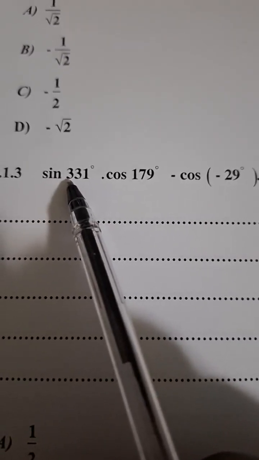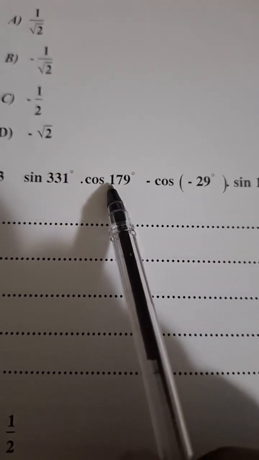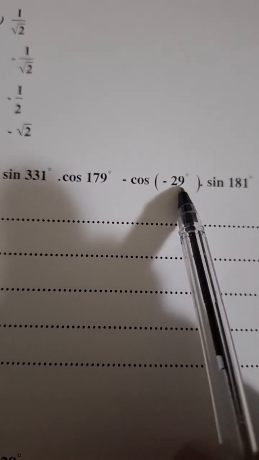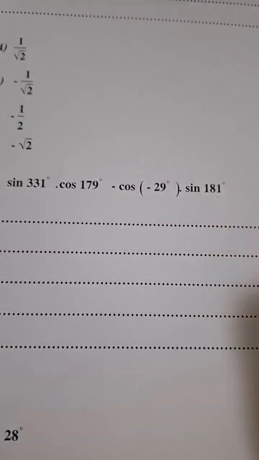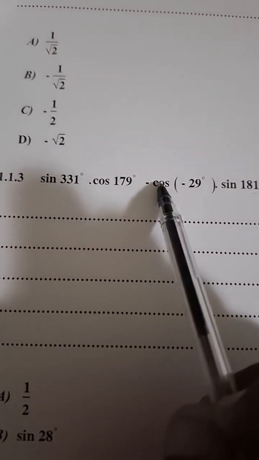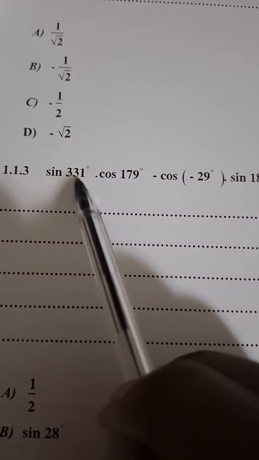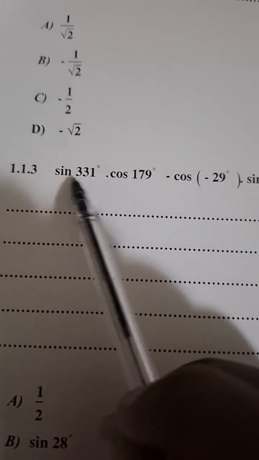Let's move on. Next question. Sine 331 degrees times cos 179 degrees minus cos of negative 29 times sine 181. Now the first thing when you look at this question, you're like, these angles need to be reduced to what?